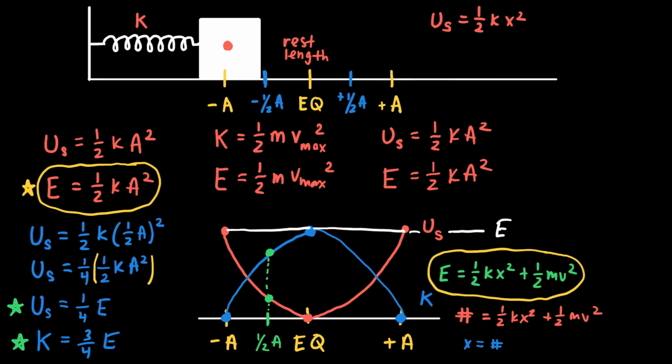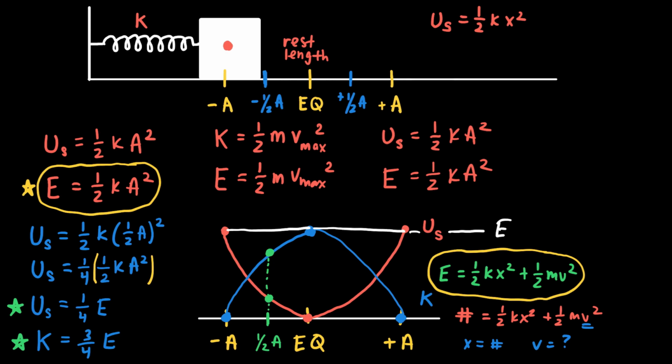And using the number for the total energy to solve, for example, the velocity. And so I could determine how fast this system would be moving at a particular location, knowing things like the mass of the block, the spring constant, and using the initial amplitude to determine the initial total energy.